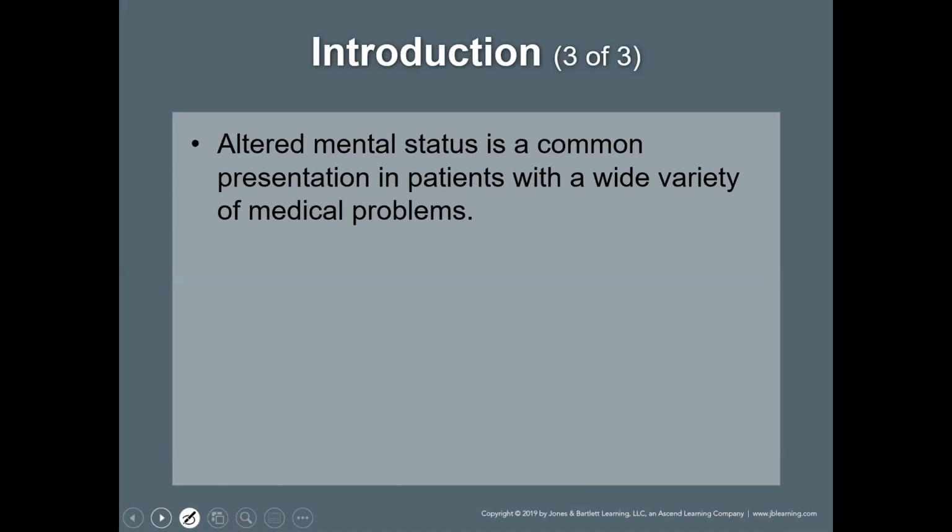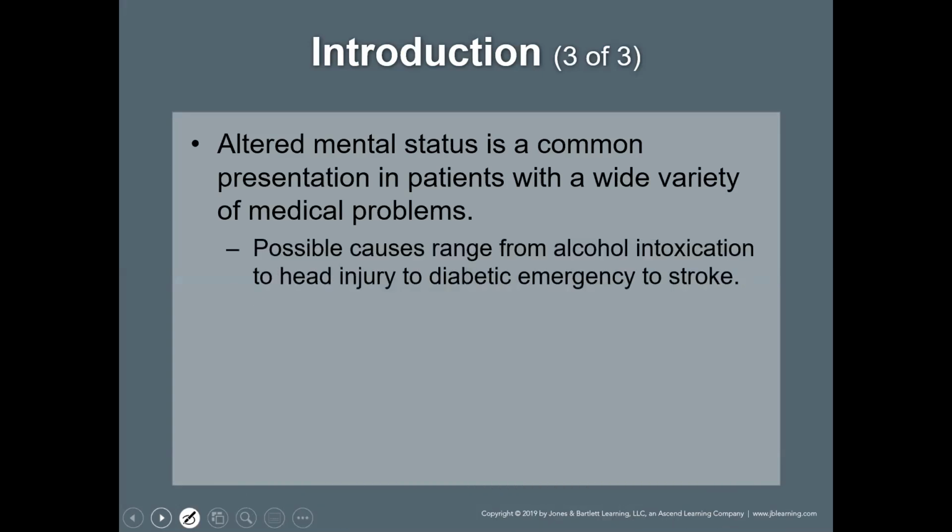It can range from partying too much, an alcohol ingestion kind of thing, to falling down and bumping your head, to hypoglycemia or hyperglycemia, diabetic emergencies, strokes, seizures, so all of that AEIOU tips thing.